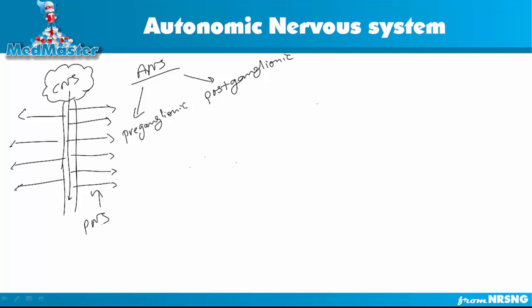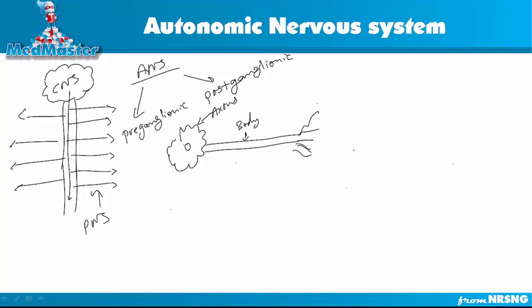Now, the neuron originates from the central nervous system. This is a neuron. This is the axon. This is the body. If you know the anatomy of the neuron, these are the dendrites. So let's say this is the sympathetic nervous system and this is the parasympathetic nervous system.